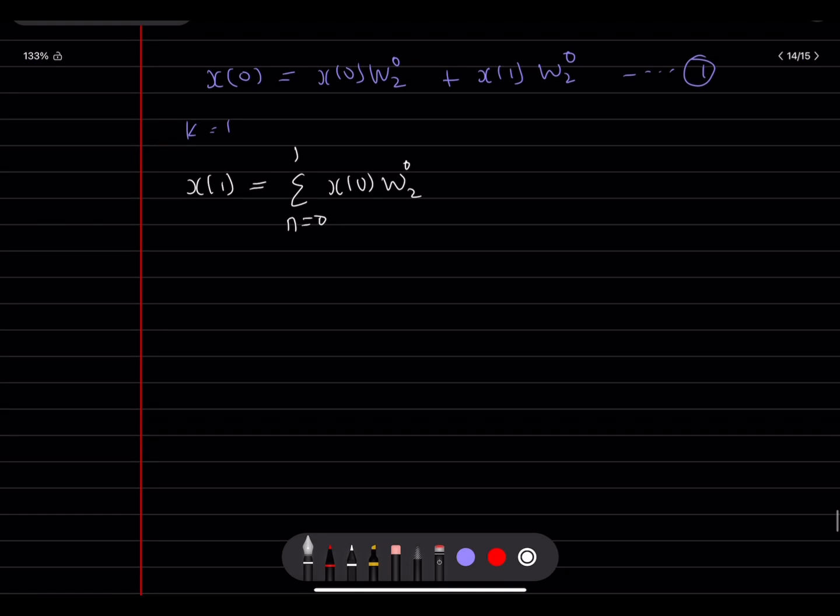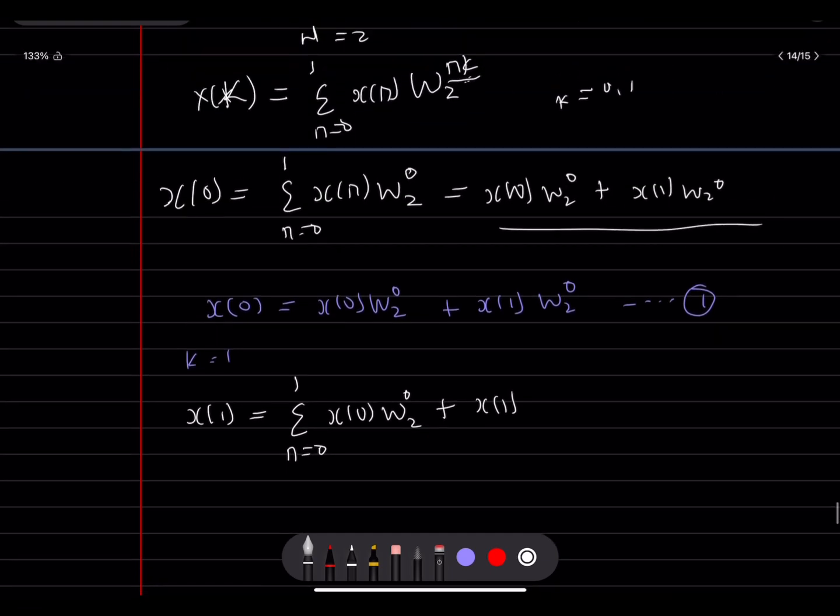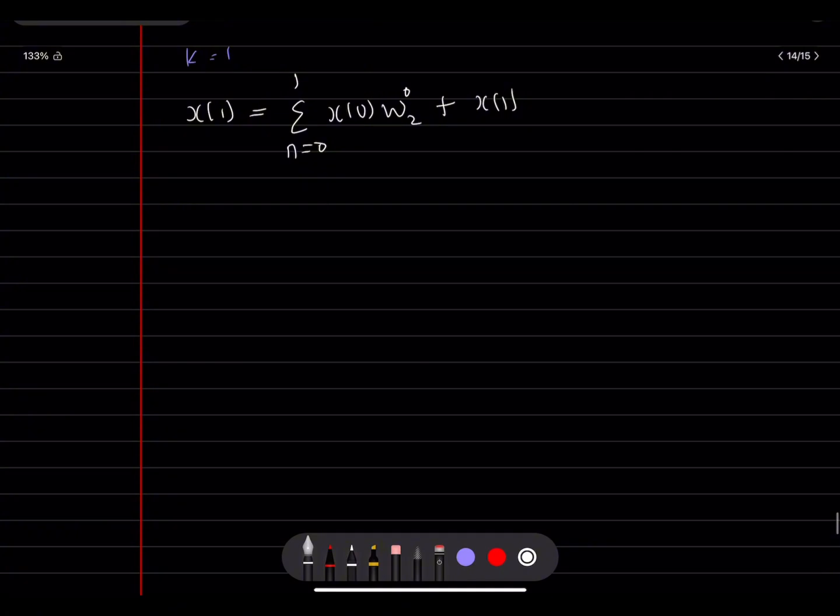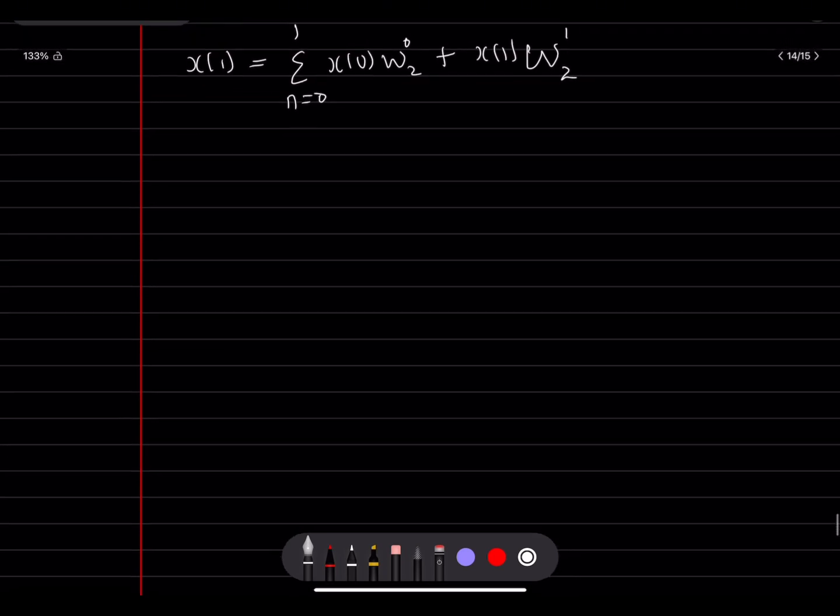And then we are going to get plus x of 1. Remember that n equal to 1 and k is also 1, so we are going to get the exponent of the w to be 1, and then here is 2. Right.